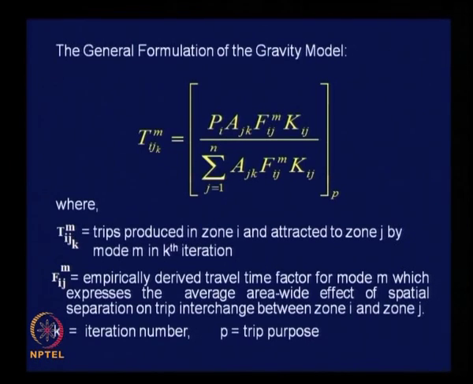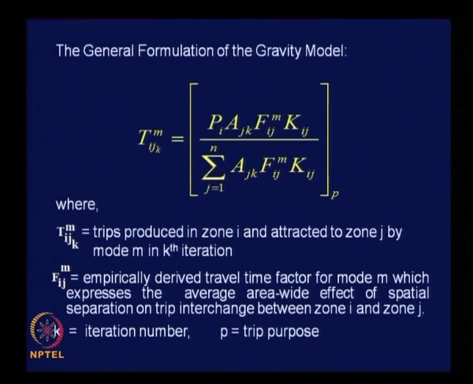That is why we have introduced the subscript k here, in respect of Tij and Aj only, because it is related to attraction. The iterative process will influence the Aj value, which will result in a change in Tij value. That is why iteration is necessary, clear.